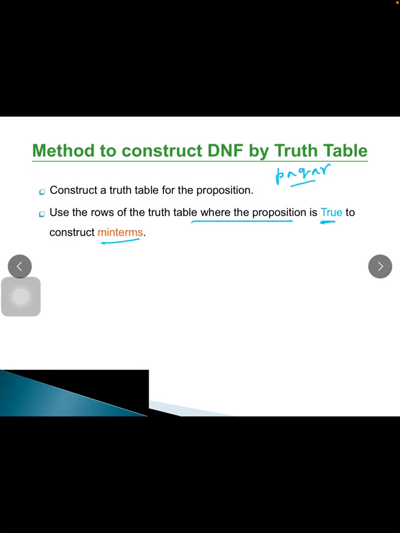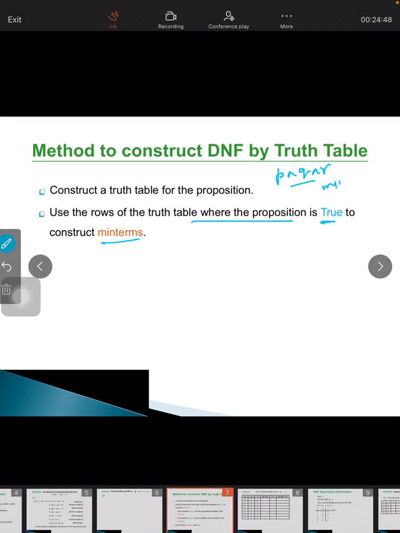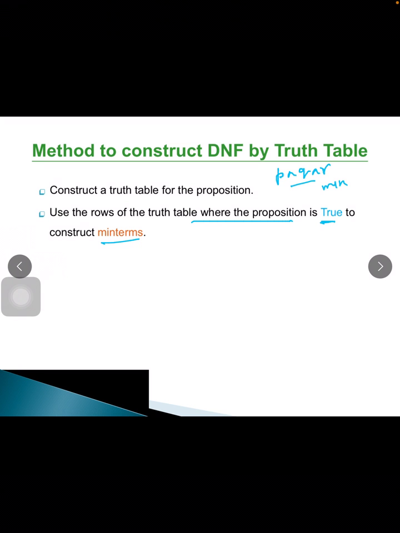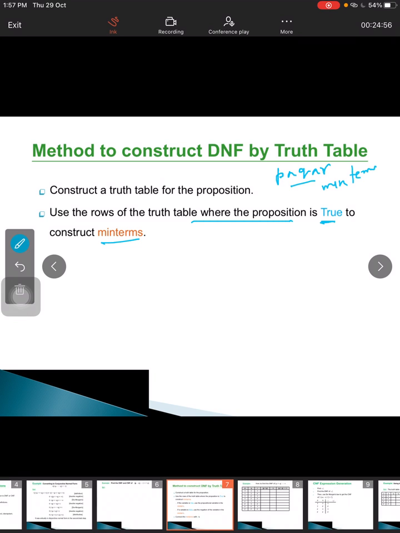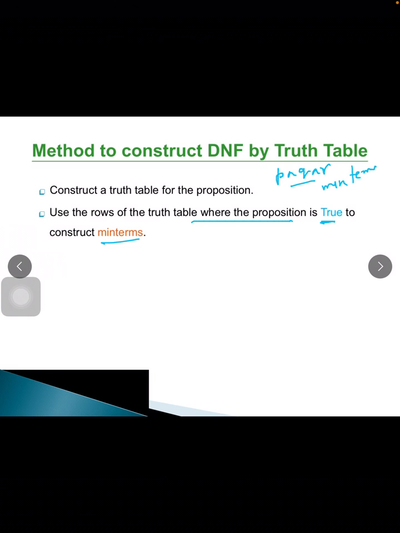The conjunctive clauses are also called min terms. So min terms are like P and Q and R.